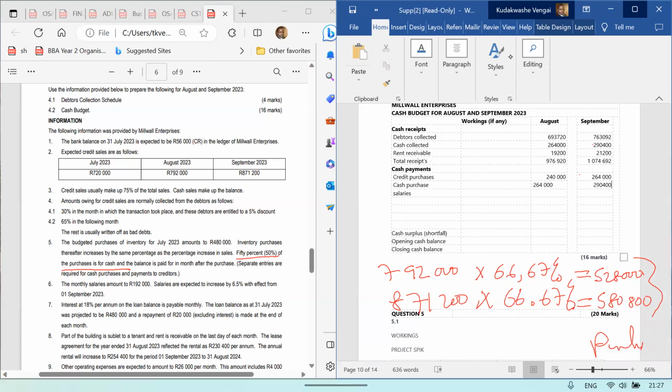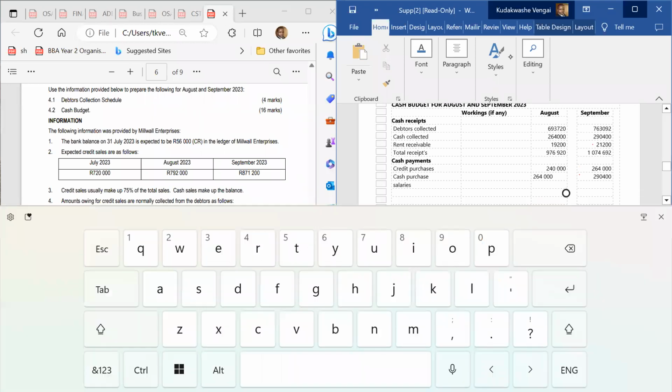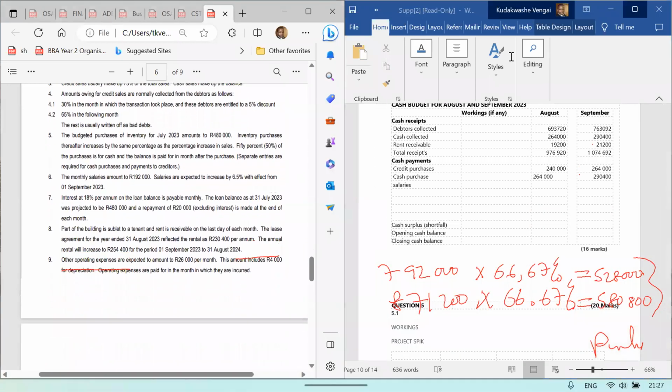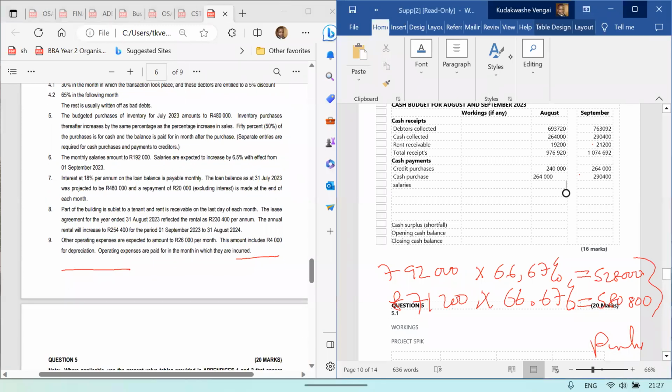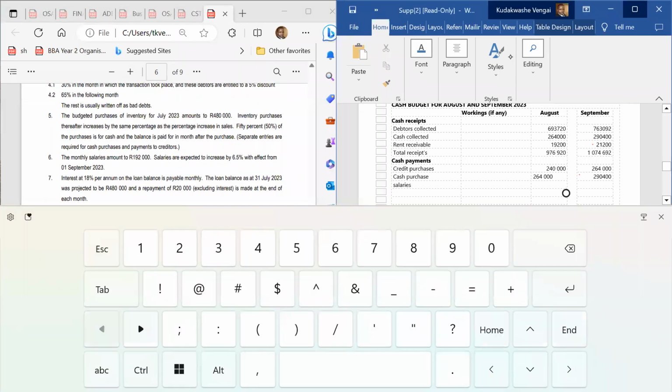We go to our salaries. Monthly salaries are going to be 192,000, right? Salaries are expected to increase by 6.5% with effect from 1 September. So you take your salaries figure, 192,000. You record it as it is because it's not split by anyone. But the question says that in September you cannot record 192,000.